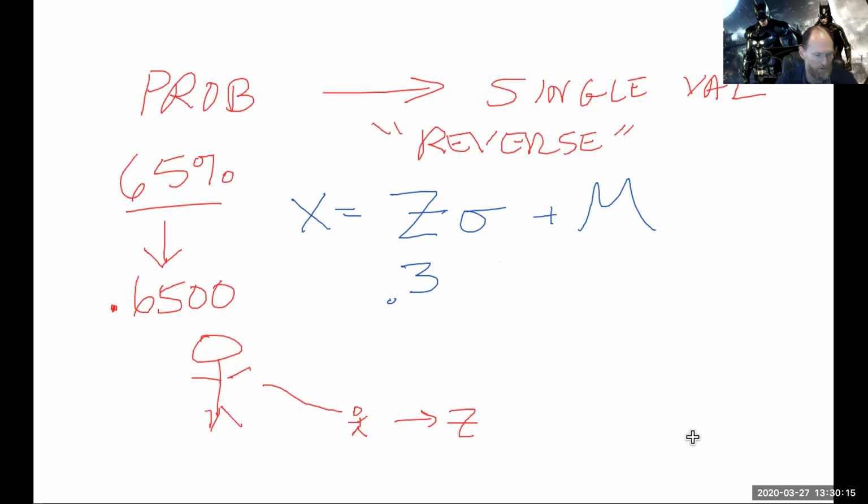I wrote it on that Excel sheet as a probability. It's not, it's a z-score. 0.385 times our standard deviation, which was 20.